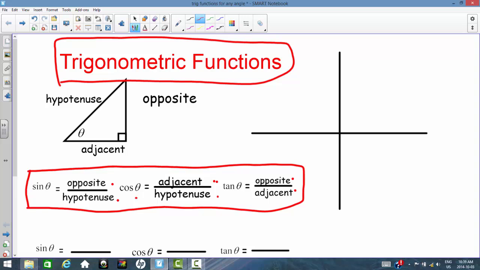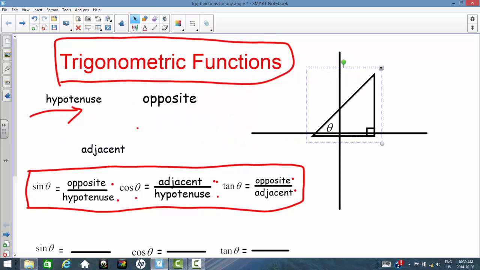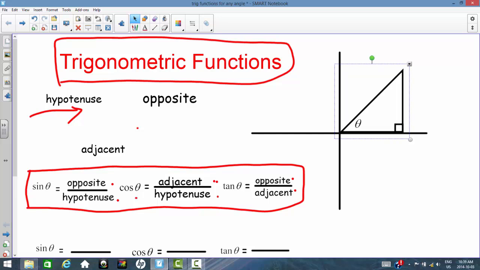What we're going to do is take our basic right triangle over here, and move it and place it onto the XY grid. So this here is the adjacent, this here is the opposite, and this here is the hypotenuse.